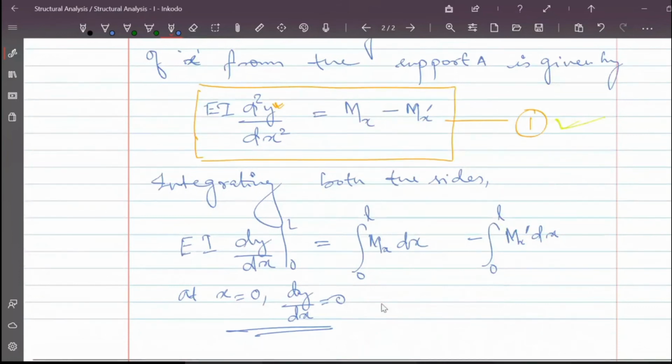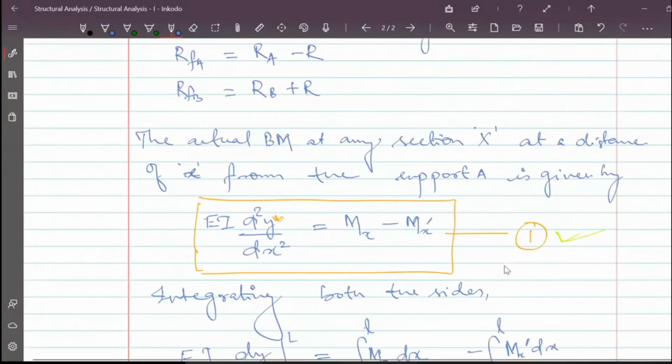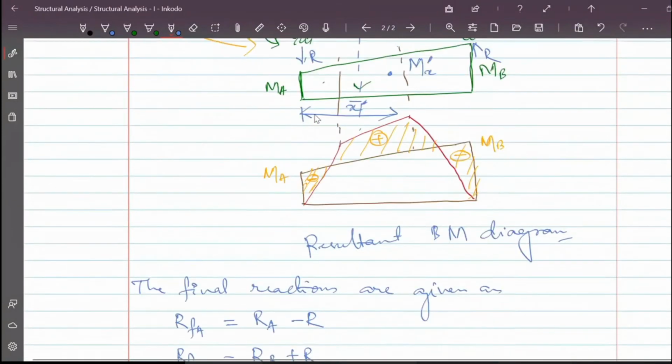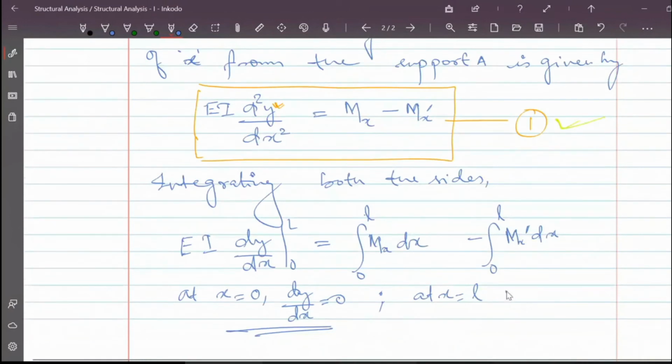So at x equals L, dy by dx equals 0 again, right? So we have these two conditions.